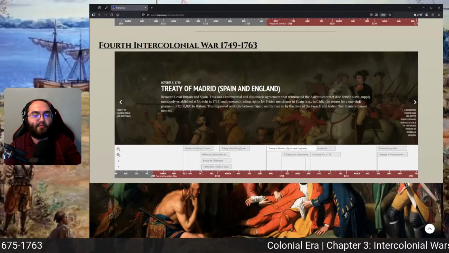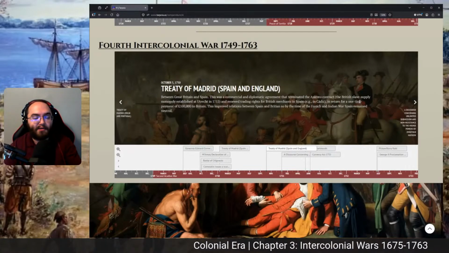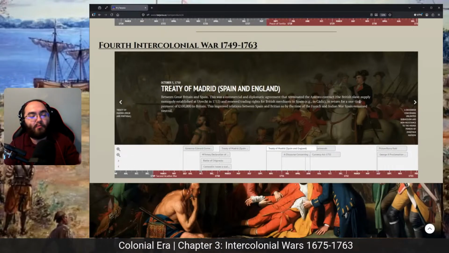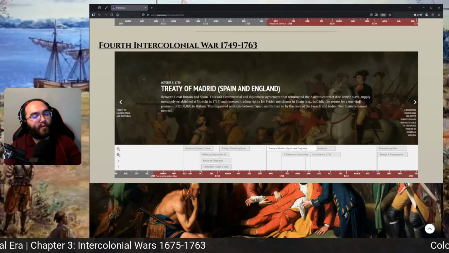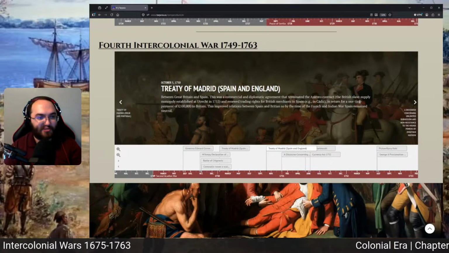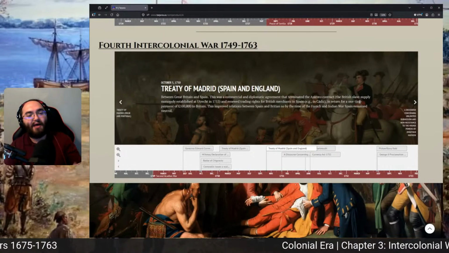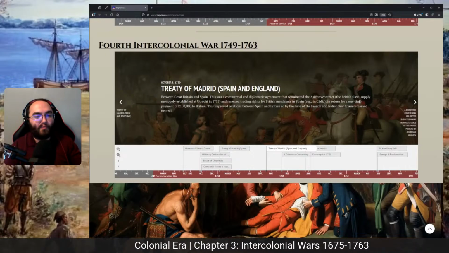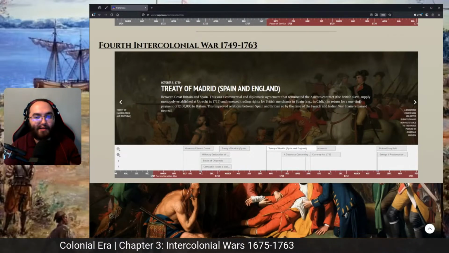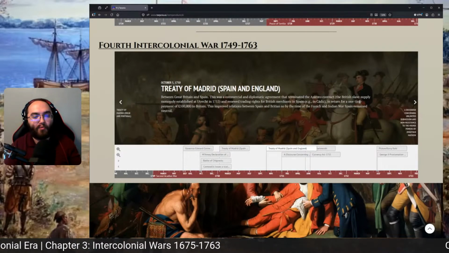This improved relations between Spain and Britain. So by the time of the French and Indian War, which will happen in a couple years, Spain will remain neutral. Again, this is why knowing all these treaties and keeping track of all these alliances are so important to understanding why these wars happen and why the outcomes were what they were.